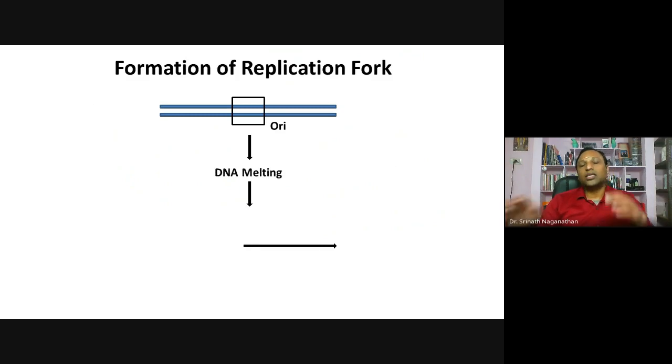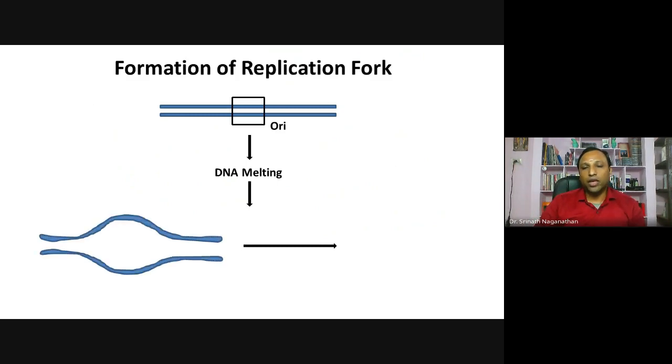DNA melting means the hydrogen bonds present here start to separate. Due to the break in the hydrogen bonds, they start to form a bubble. Once the bubble is formed, this area is called the replication bubble.